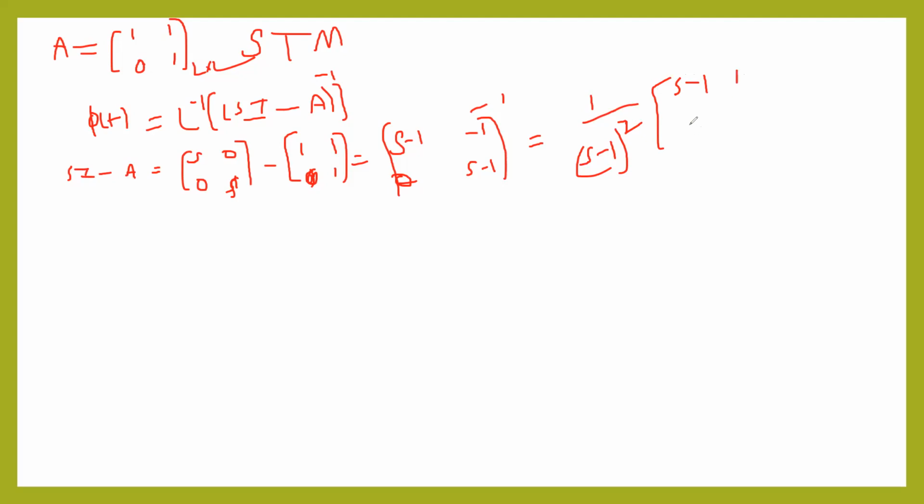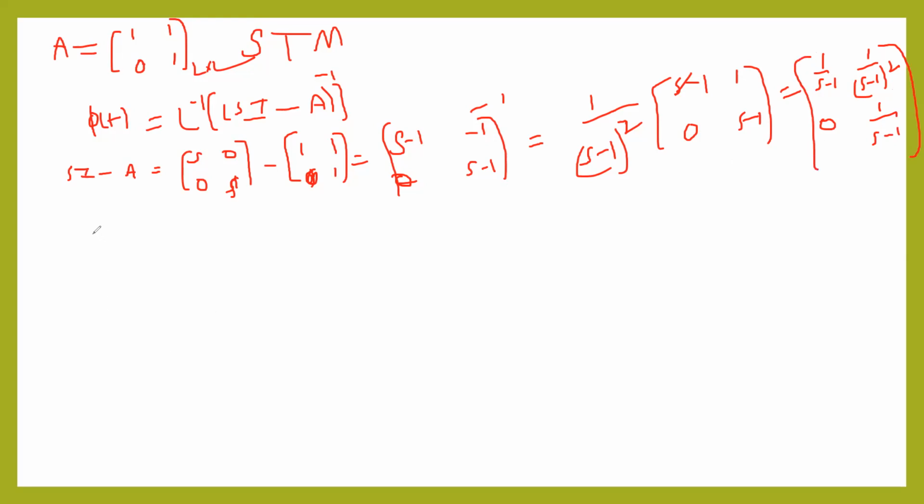Minus 1. So 1 by s minus 1, next s minus 1 cancels, so 1 by s minus 1. Next 1 by (s minus 1) whole square. Third element is 0, fourth element is 1 by s minus 1.